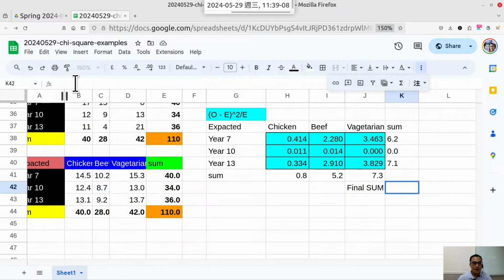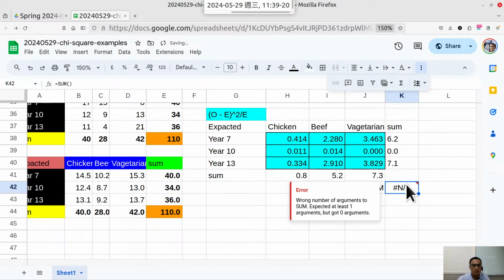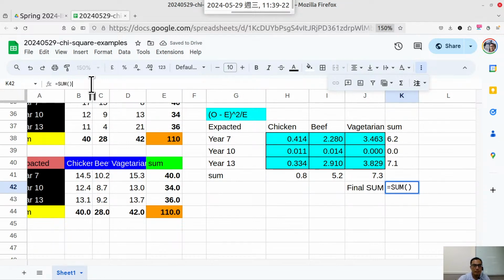Here I can have an equal sum, but the range is different. The range is here. Okay, the answer should be 13.3, the final sum.